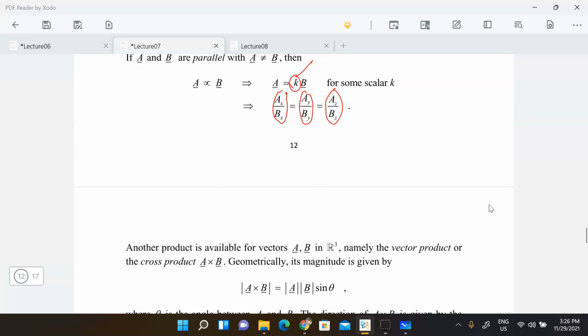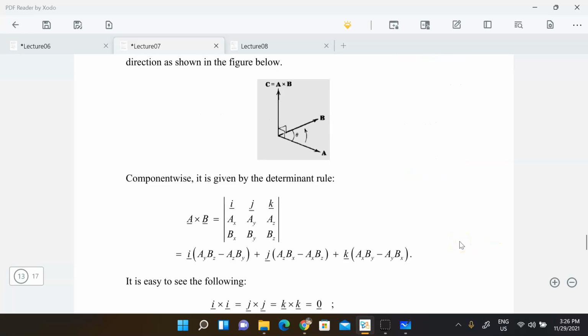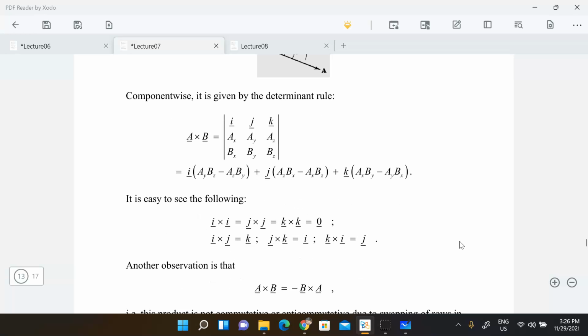So again, cross product, you have this as your geometric case. And in terms of components it becomes that, which looks horrible now. Even though it's easy to calculate, it becomes horrible when you write them down in this way.